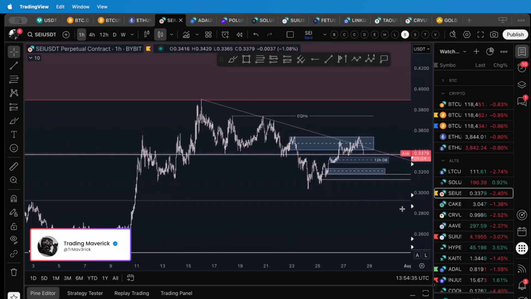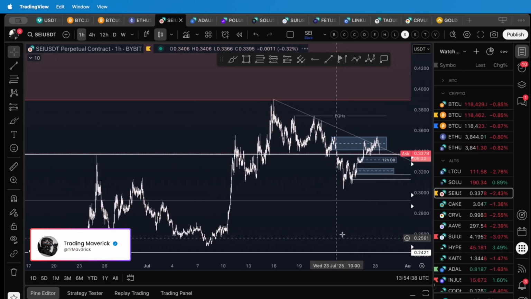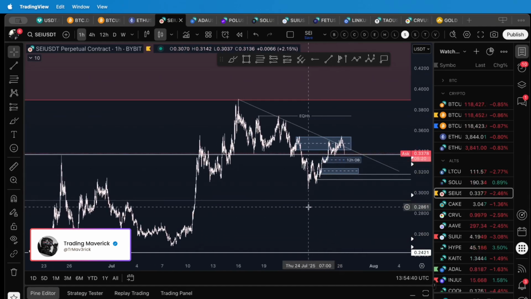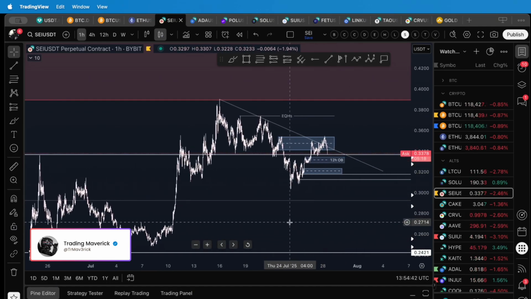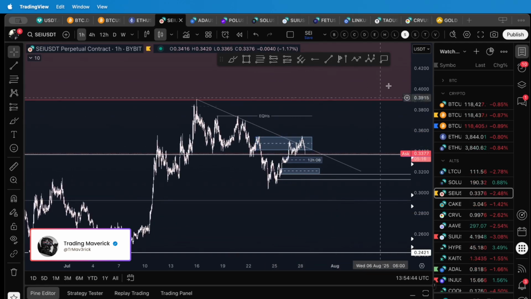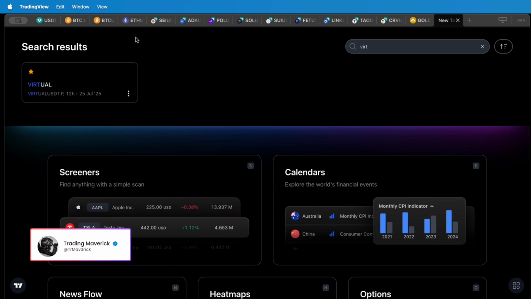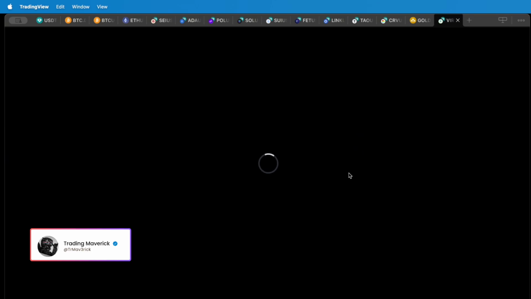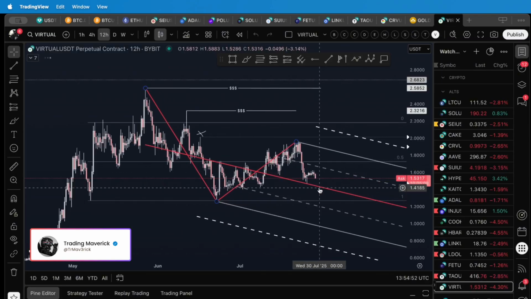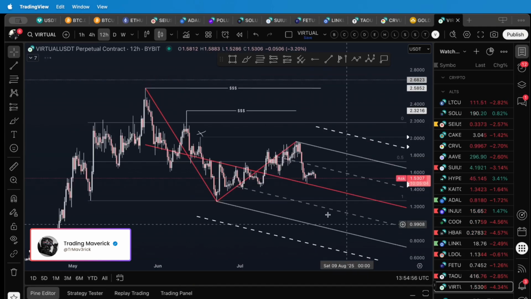Some other altcoins look pretty shit. We tried to long Cookie and Virtual, but both nuked down again and again. Let's look at Virtual. Actually, I'm probably going to hit the pitchfork soon, so that could be another long.